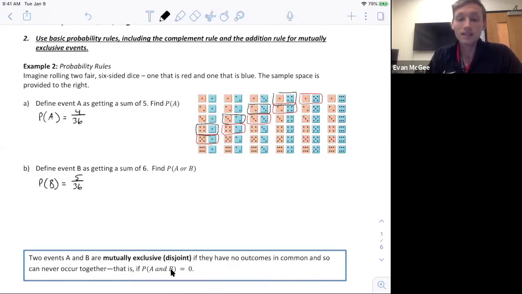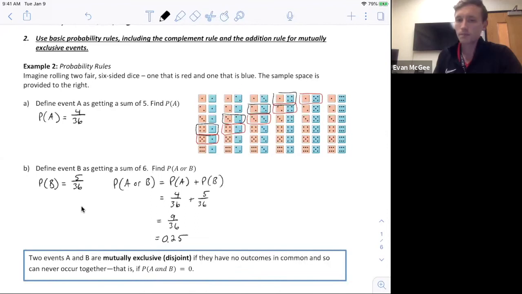So all we have to do is add the probability of A and the probability of B. You can see 4/36 plus 5/36 gives us 9/36, which is 0.25. I want to really emphasize that this rule only applies for mutually exclusive events, which are events that cannot occur at the same time.